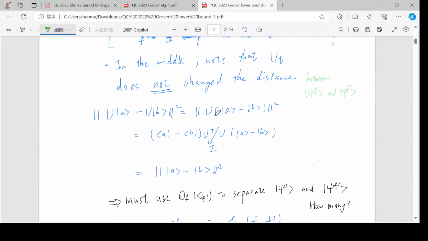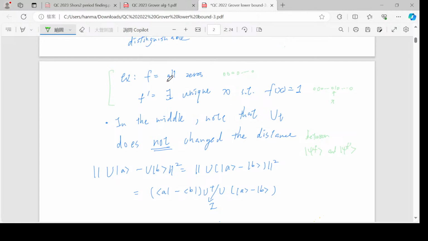But for the proof here for the search problem, we'll pick f to be the only yes instance, and f' to be the thing that looks most like the yes instance, which is everything that has only one marked item somewhere. So there are n different possible f' that we are using.